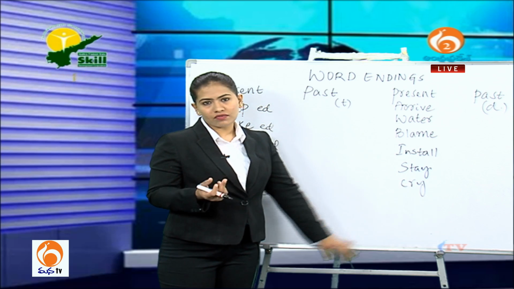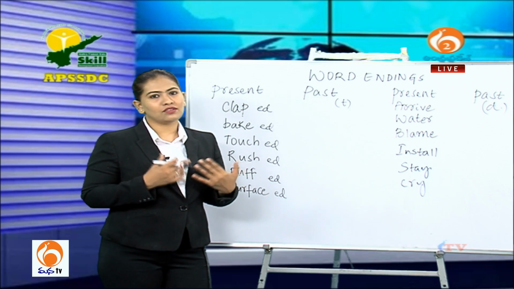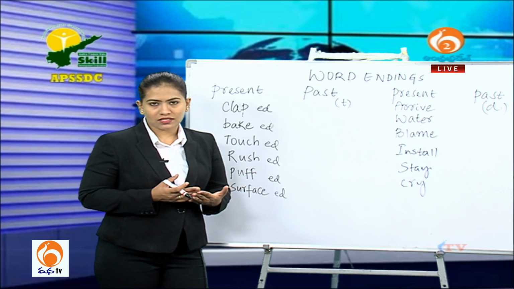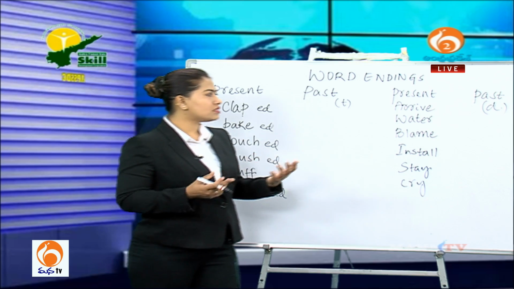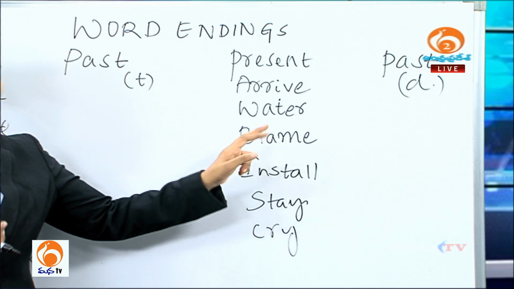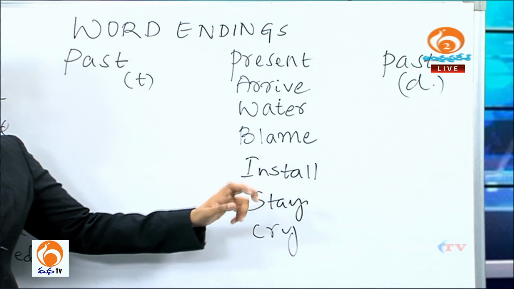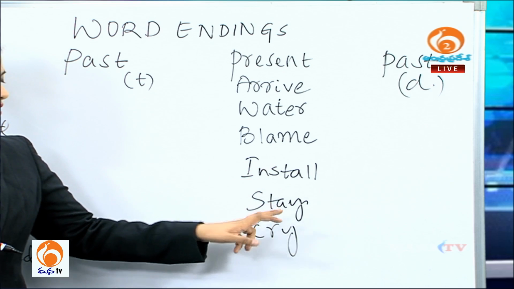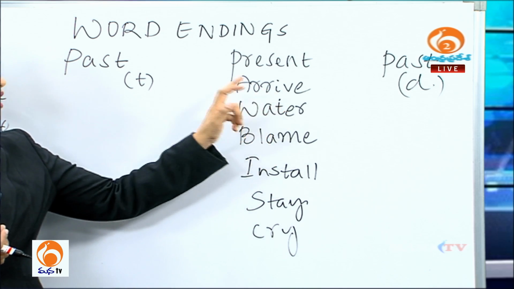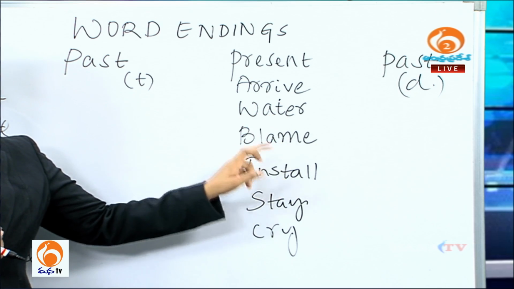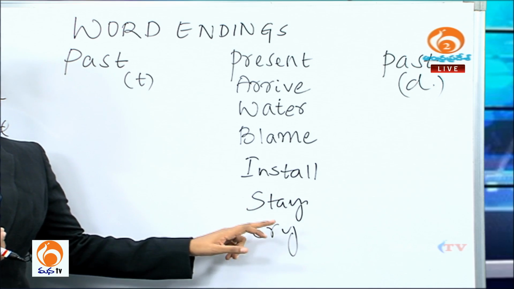So for these words, when I add the ed form, it will turn into the past form of the present word, and the words are pronounced as arrived, watered, blamed, instilled, stayed and cried. Once again, the words are arrived, watered, blamed, installed, stayed, cried.